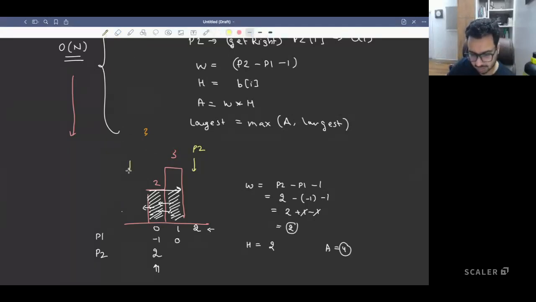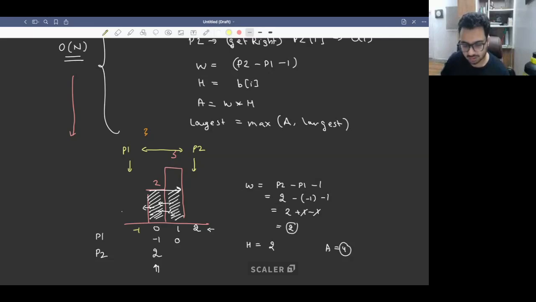So I'm saying take this region between P2 and P1. We are saying between 2 and minus 1, how much area we have? I have 2 units. That's the width I get.